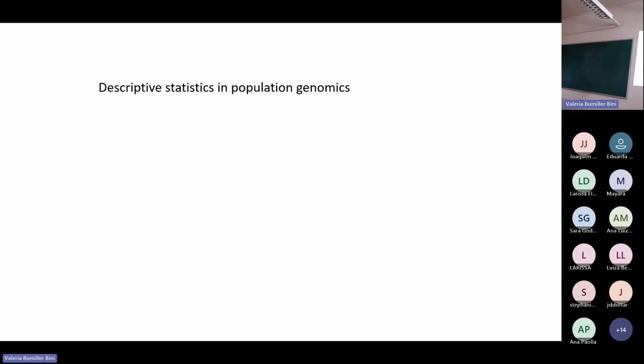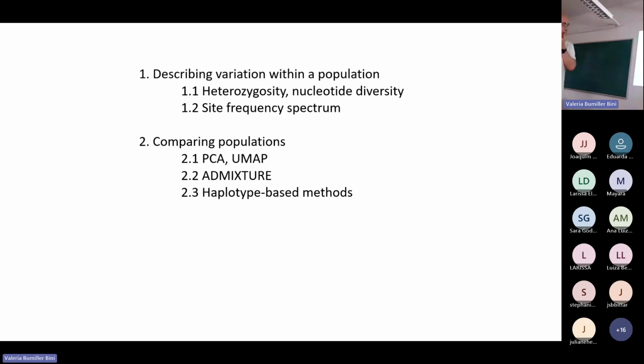So let's start first then with descriptive statistics in population genomics. We will first, kind of logical, describe variation within a population. We'll see measures that capture in just one number the diversity within a population, and we can do that in different ways.